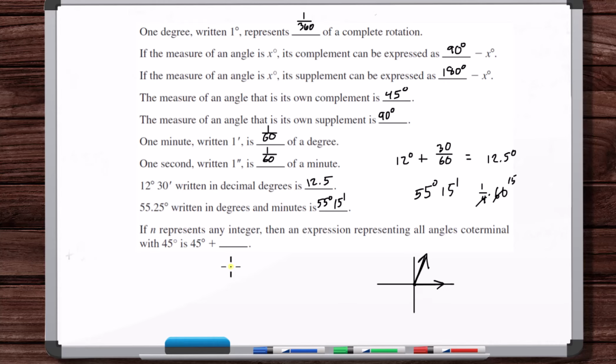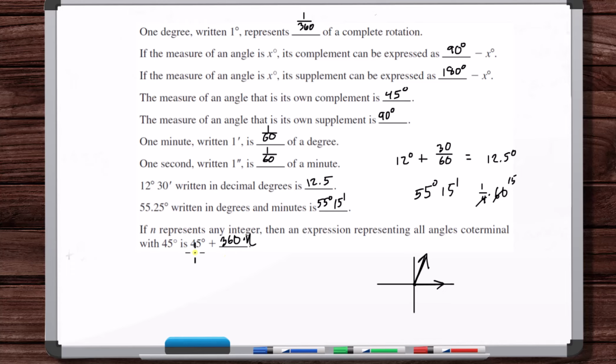So any angle that's going to be coterminal with 45 degrees is going to be some multiple of 360 degrees from 45 in the positive or negative direction. So you would do 360 times n, where n is any integer, positive or negative.